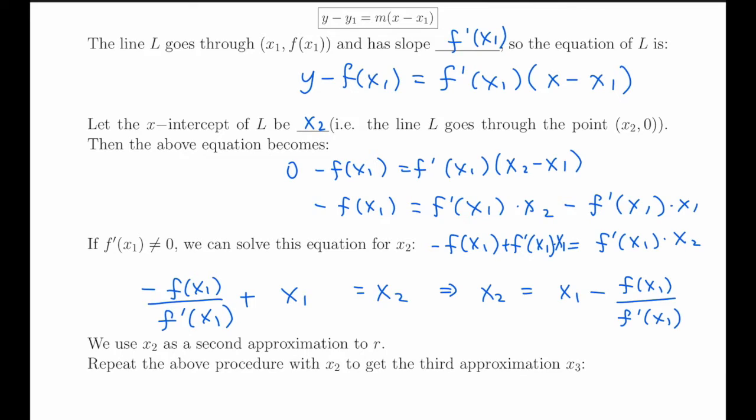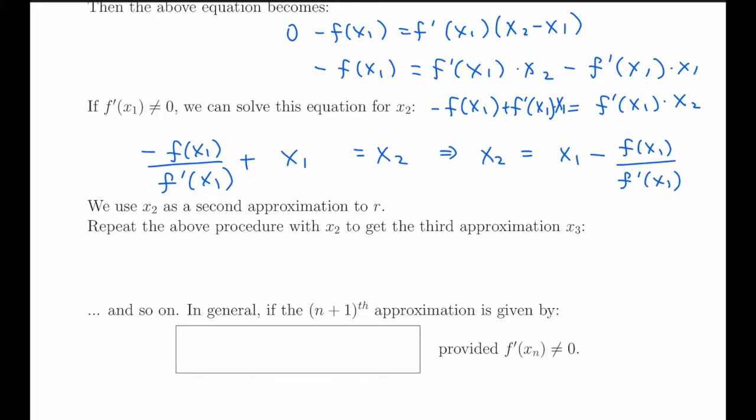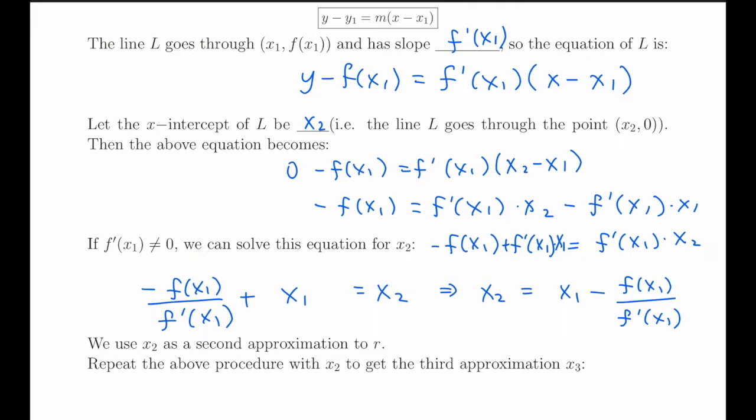So we figured out a formula for finding x2. And if you want to find x3, what you do is just replace all the x1s by x2s. So let's write this down. x3 is simply x2 minus f of x2 divided by f prime of x2, and so on.